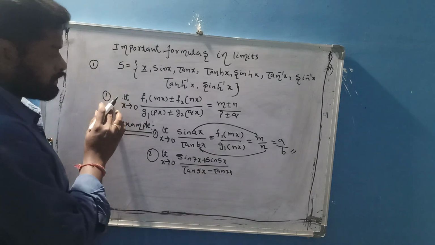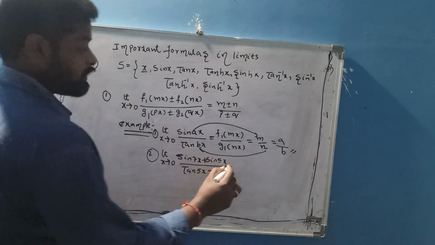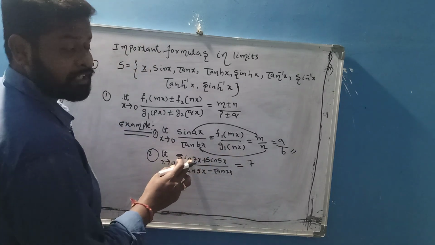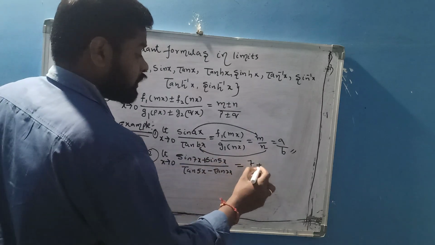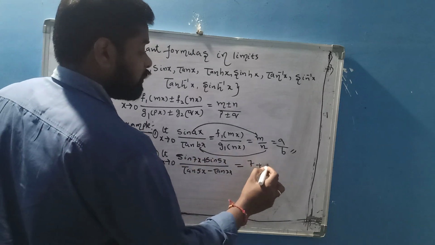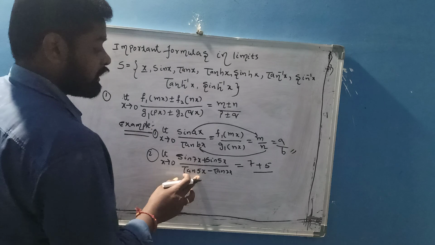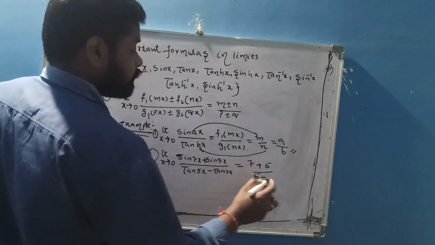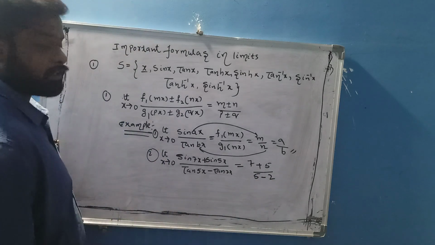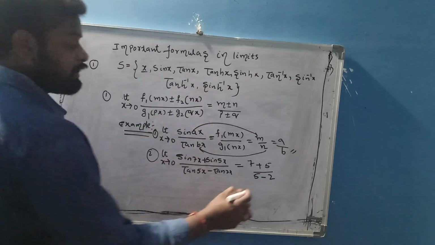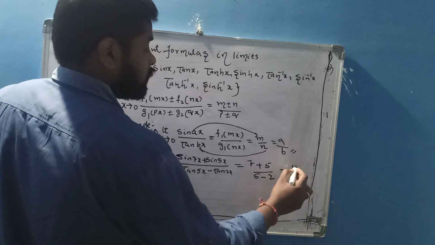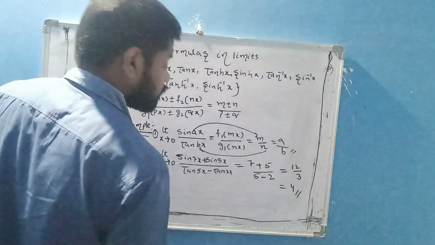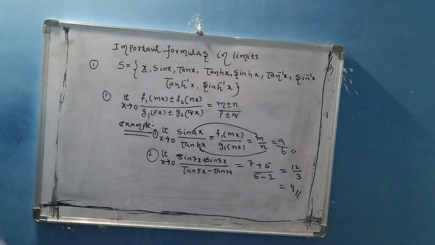By using this concept only: here plus is there, so you take the coefficient 7. Here plus, the coefficient is 5. In the denominator, the tan coefficient is 5, and the sign is minus, with coefficient 2. So (7 plus 5) by (5 minus 2) using this formula. 7 plus 5 equals 12, 12 by 3, which means the answer is 4. Like this, the first formula.